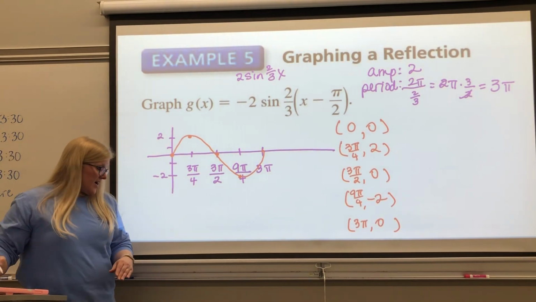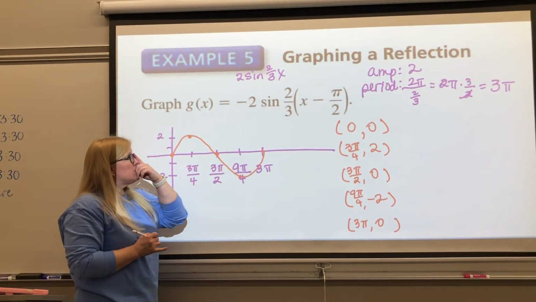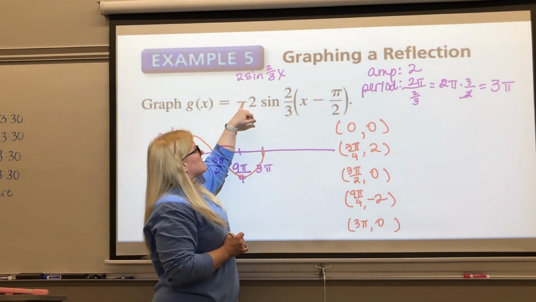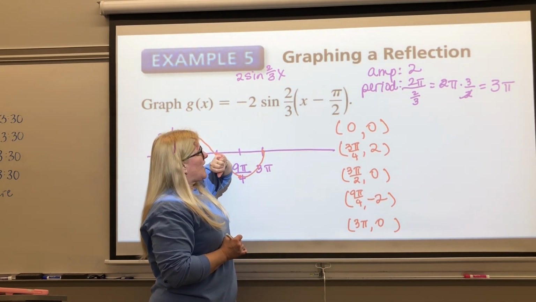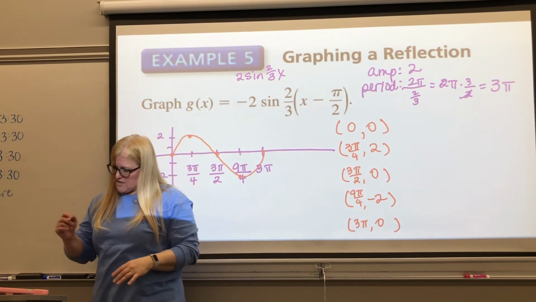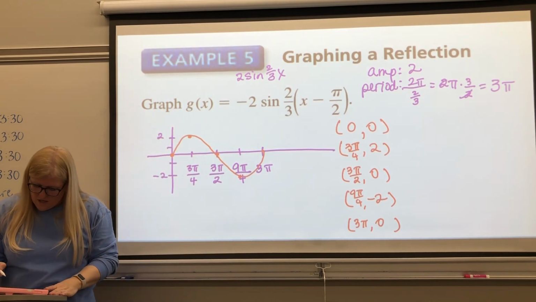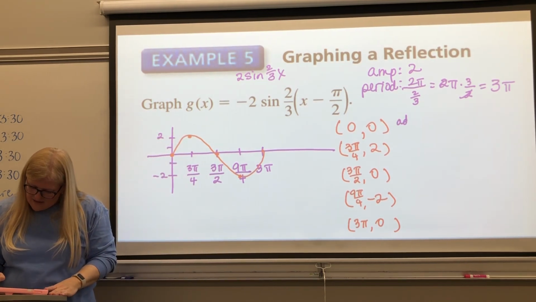Okay, so now we've got two things happening. We've got the reflection, and we're moving to the right. So moving to the right, we're going to add pi over 2 to every x value.